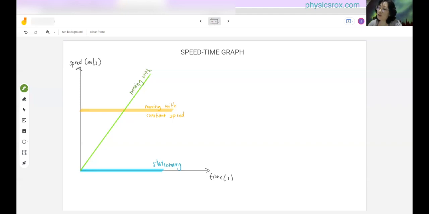Changing. Okay. So how's the change? Is the change increasing speed or decreasing speed? What do you think? Correct. Good.